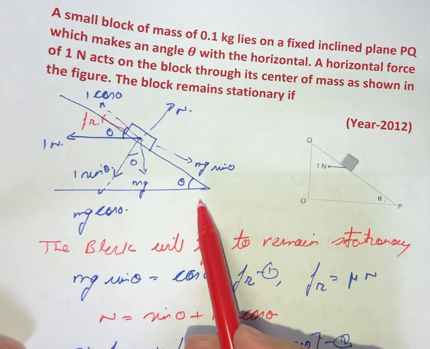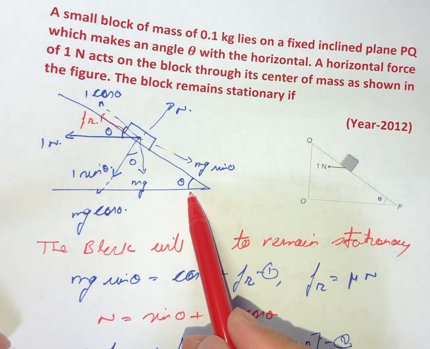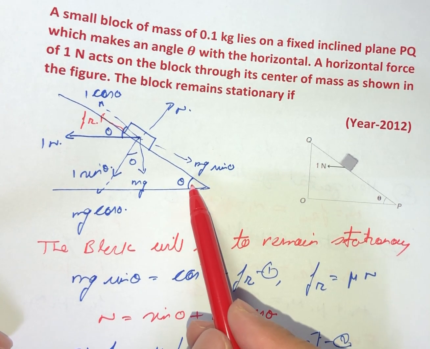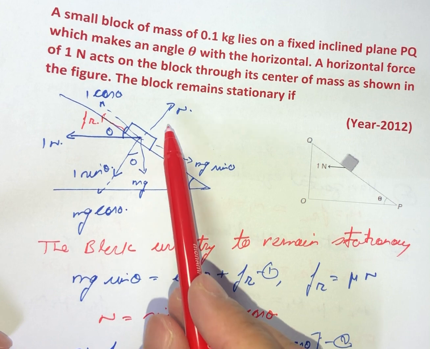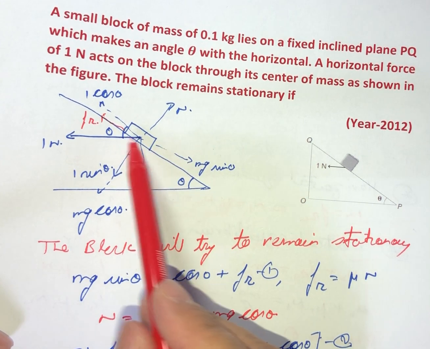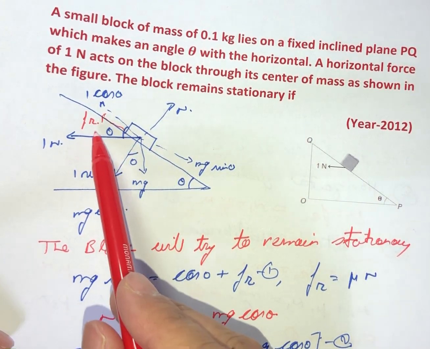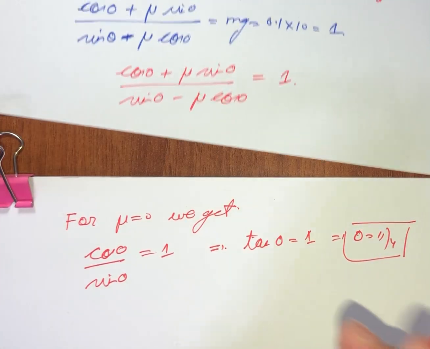So the value of theta is pi by 4, and under this condition the block of mass 0.1 kg will be in equilibrium even in the absence of friction.